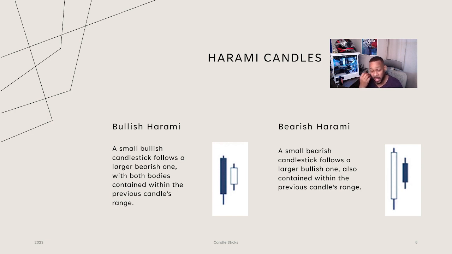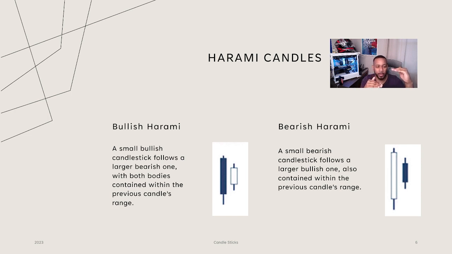So we just did engulfing candles where the left is smaller than the candle on the right, and this is the complete opposite. So your left candle, the higher high and the lower low of that candle is larger than the one on the right. So the one on the right, you'll see, and this is kind of throwing you off, but they can have the same closing and opening.